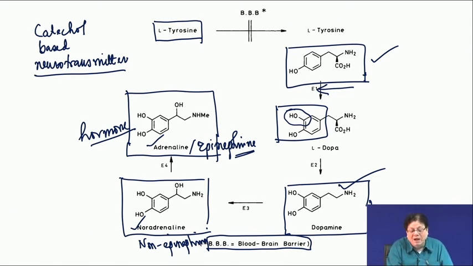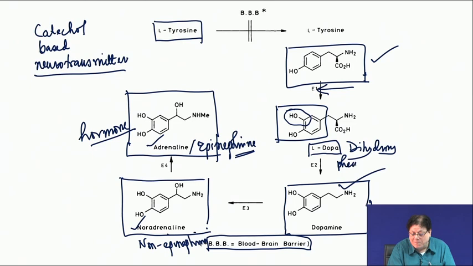Tyrosine you can call hydroxyphenylalanine, and this will be dihydroxyphenylalanine. That is what is abbreviated as L-DOPA, that means L-dihydroxyphenylalanine, L-DOPA.